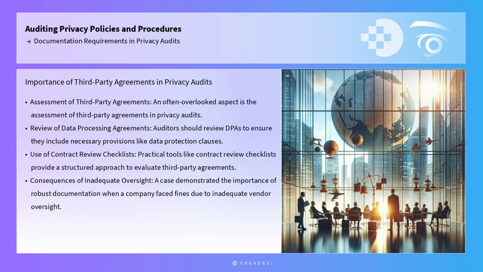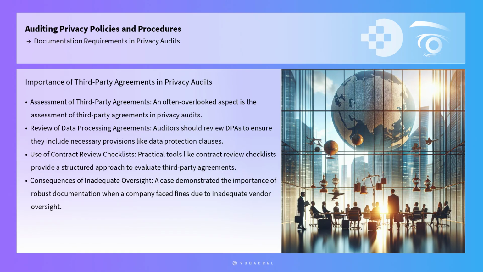An often overlooked aspect of documentation in privacy audits is the assessment of third-party agreements. Organizations frequently engage with third-party vendors for data processing activities, and these relationships must be governed by data processing agreements. Auditors should review DPIAs to ensure that they include necessary provisions such as data protection clauses, liability arrangements, and security measures.